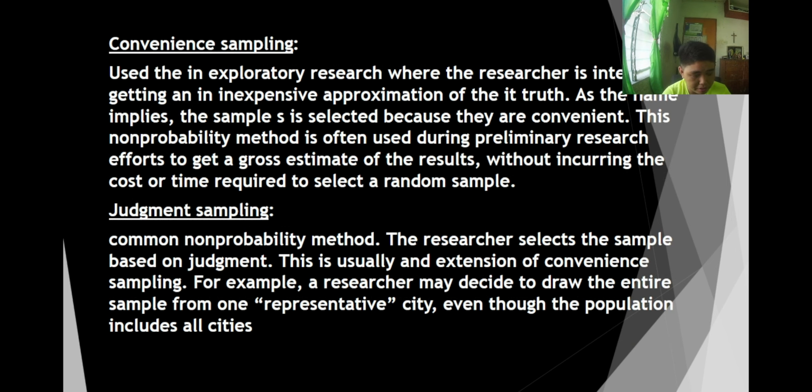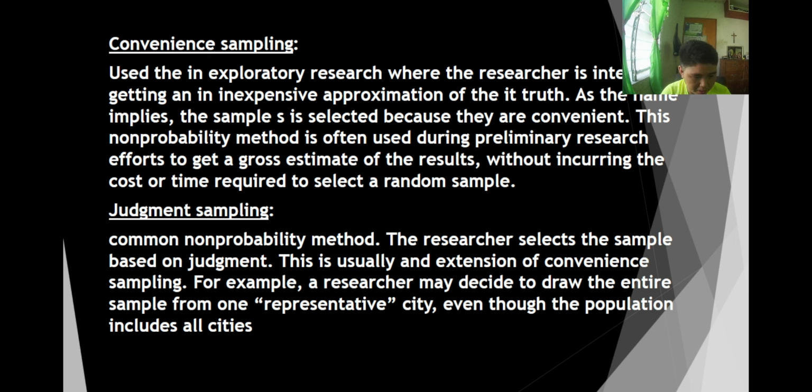The third sampling method is convenience sampling. It is used in exploratory research where the researcher is interested in getting an inexpensive approximation of the truth. As the name implies, the sample is selected because they are convenient.